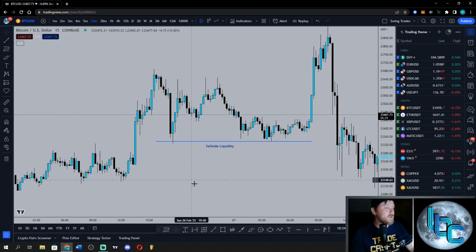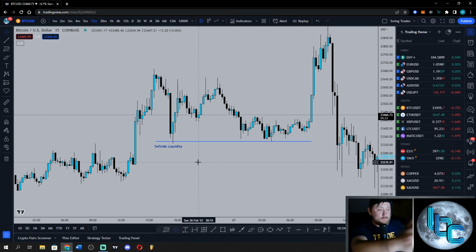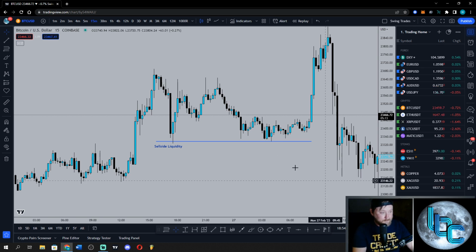That's how it works. So that's sell side liquidity. I'm not going to do buy side liquidity because I want to make this a quick video. Buy side is just the opposite of sell side.